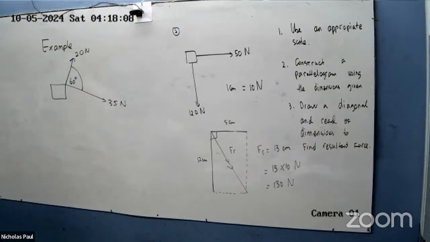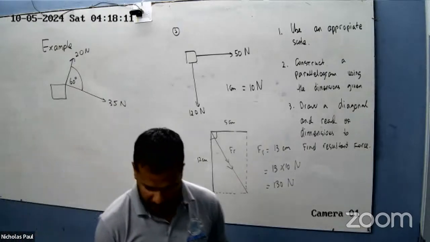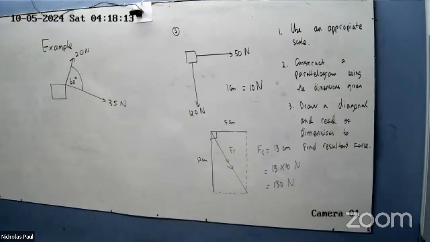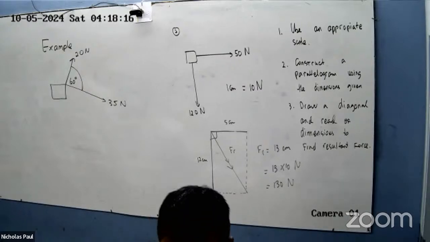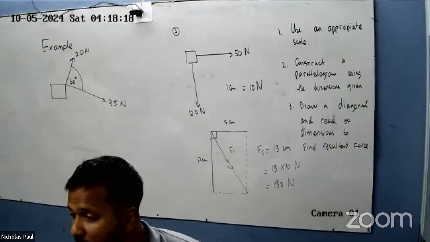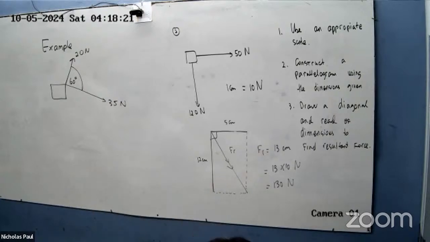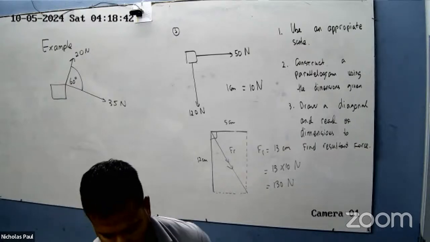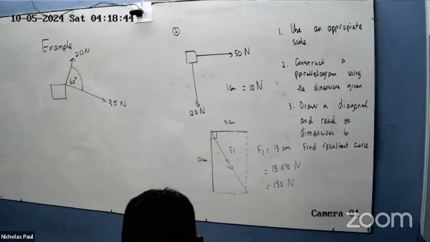Copy down the example and draw the horizontal quickly. And over this one, how I work it out.